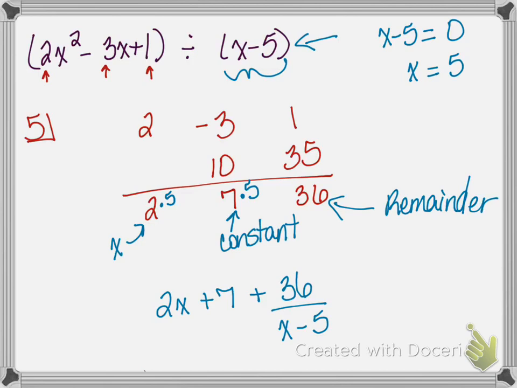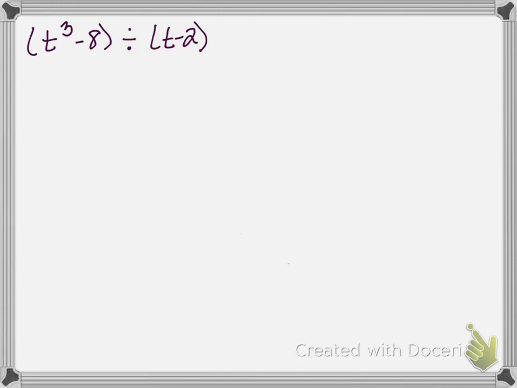The next one, we had missing terms. t to the third minus 8. We had to rewrite that as t to the third plus 0t squared plus 0t minus 8. You have to do that for synthetic division also.